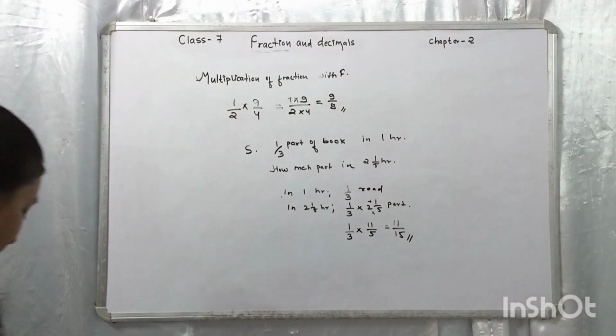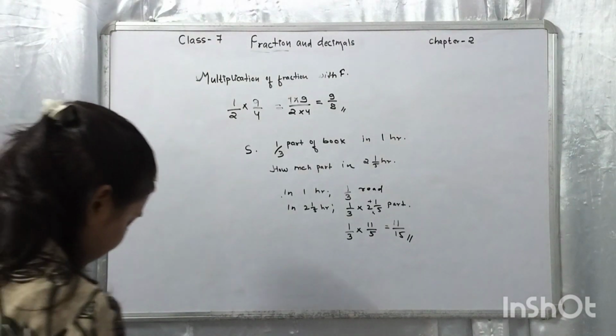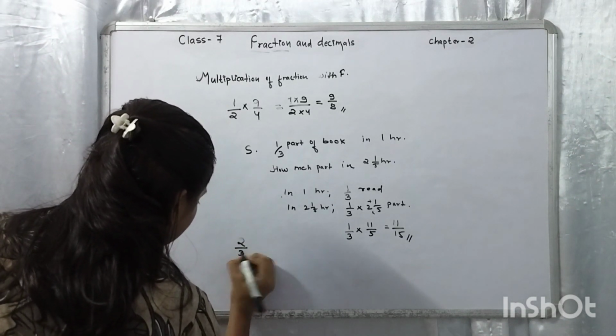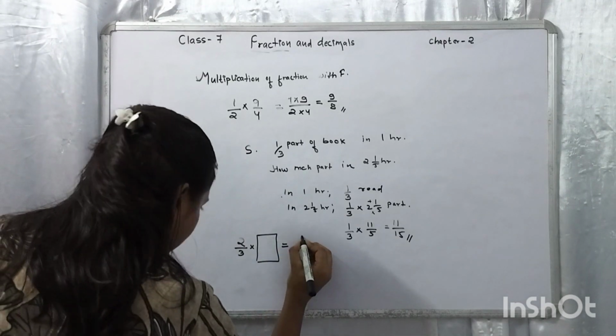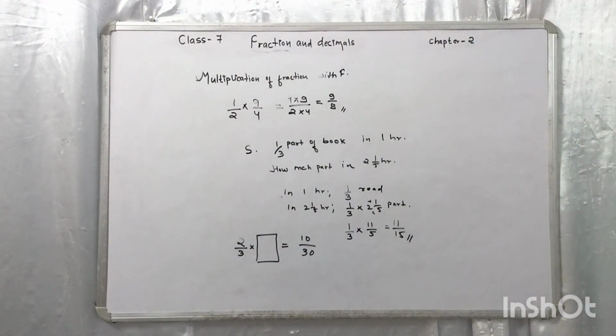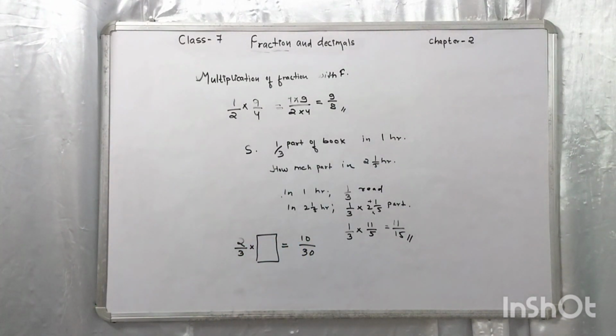Let's take one simple exercise: 2 by 3 into an empty box equals 10 by 30. Which fraction should be included in this box, which will give us this result?